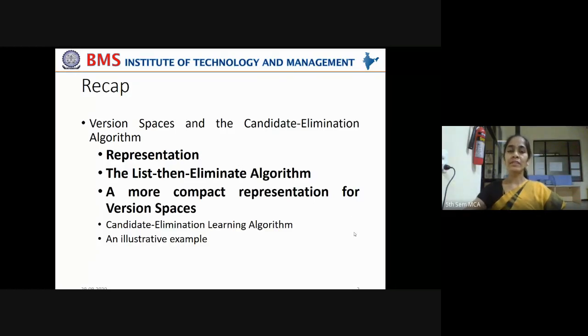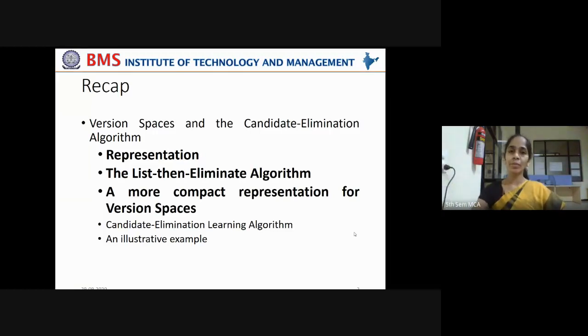So what is this List-Then-Eliminate algorithm? Whenever a machine is given training examples, it will start with all possible hypotheses. Means whichever hypothesis applies to whichever training example, all such hypotheses are taken in the hypothesis space, and different other combinations are also taken. For every possible attribute value, one hypothesis will be written.